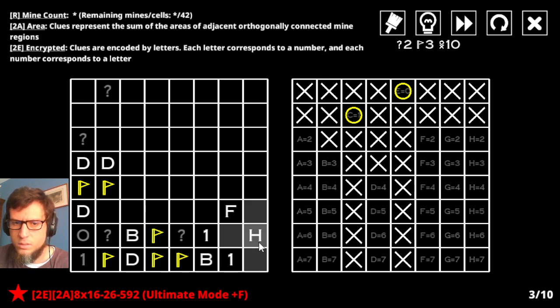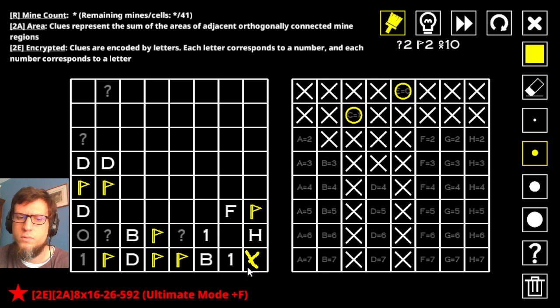Exactly. This H, which cannot be 0, must have something outside of the influence of these 1s. And since if this is a mine, that won't be and that will be, which would also isolate this, right? And in the other case, this is a mine, then these are both out.